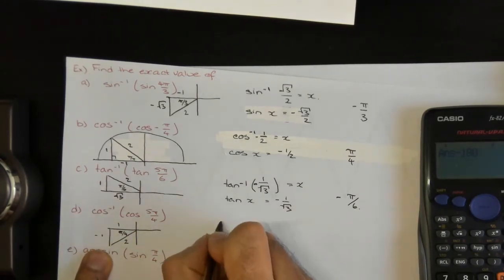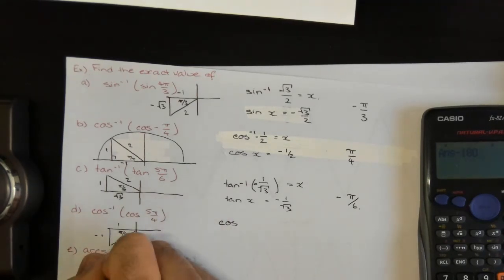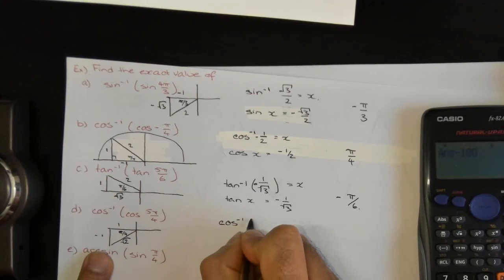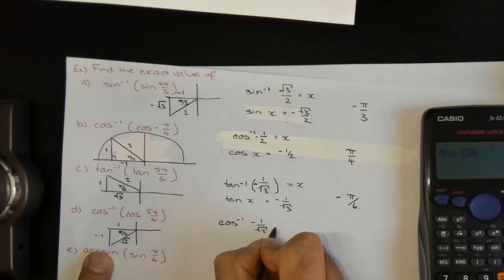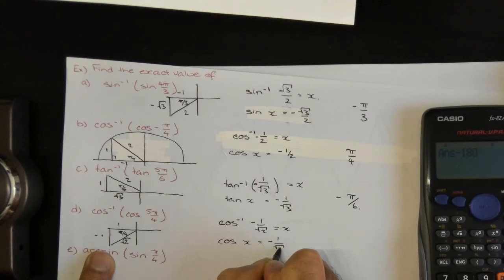So we actually have cos of negative 1 over square root 2 is x, so cos x equals negative 1 over square root 2. And so x in this point is going to be pi over 4.